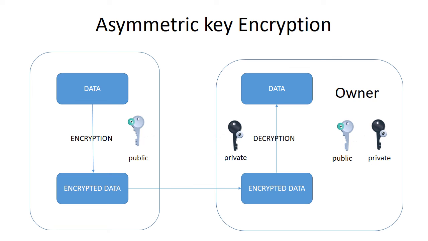It is pretty similar to this process. Only the owner of the private key could decrypt the data and read it. This is how asymmetric keys could be used in data encryption and decryption.